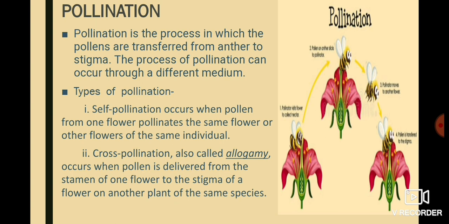What is self-pollination? It is the transfer of pollen grains from the anther of a flower to the stigma of that same flower. Self means within the same specimen. And cross-pollination means the transfer of pollen grains from the anther of one flower to the stigma of another flower. That means two different flowers are involved in the cross-pollination process.